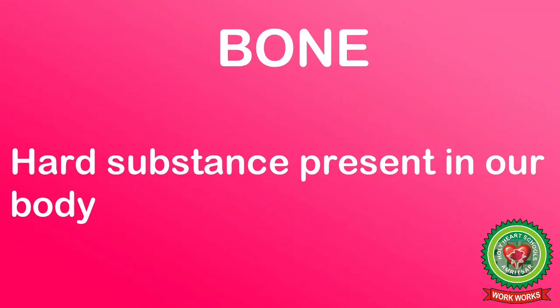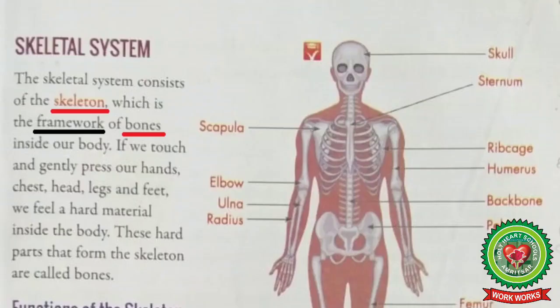Hard substance present in our body is called bone. So students, just as a building has a framework of wood or metal, our body also has a framework, and this framework of bones is called the skeleton. Students, skeleton is made up of 206 bones.